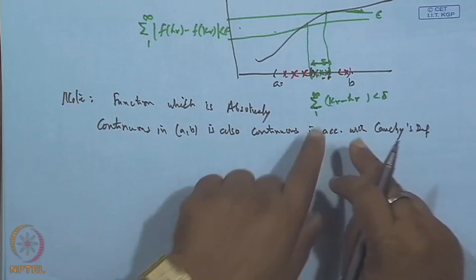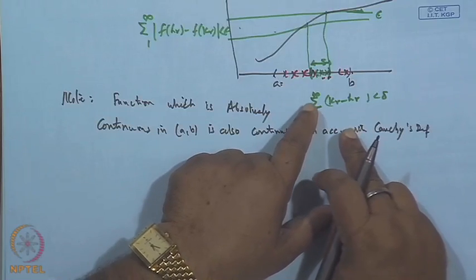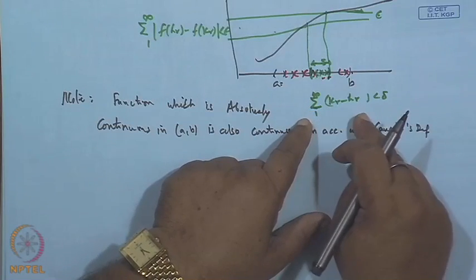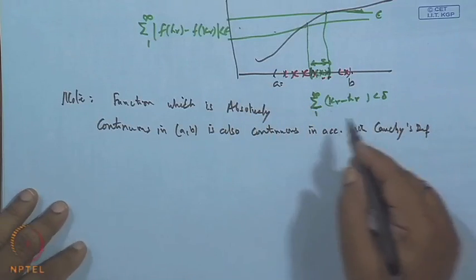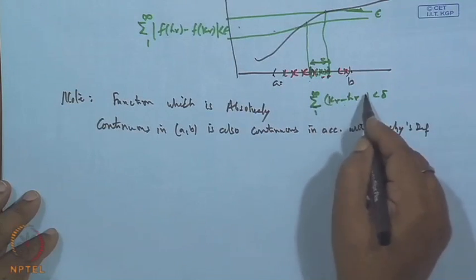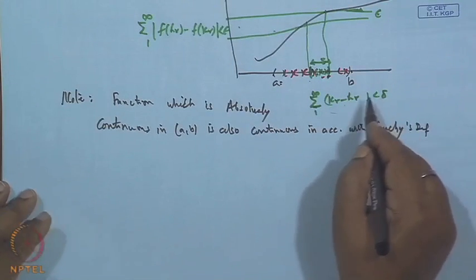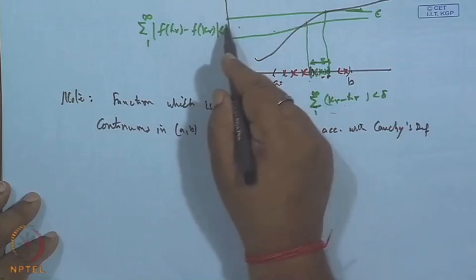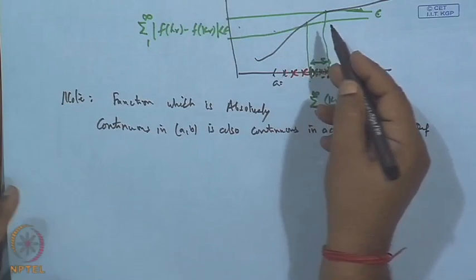Because we replace the set of k r by a single interval. The sum of these can be replaced by a small interval whose total is less than delta, and then correspondingly we get the total fluctuation less than epsilon.